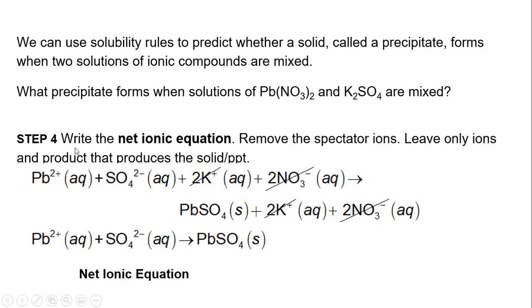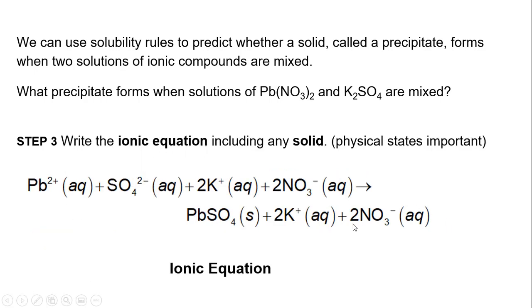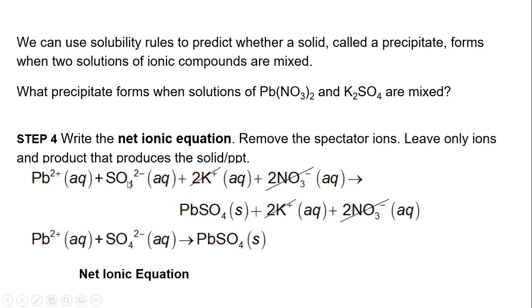So you write the net ionic equation. You may be asked to remove the spectator ions or circle them or put a line, and you would do that, showing the net ionic, the ionic equation. We would cross out if we wanted to know what the net ionic equation is. The net ionic equation is only the ions that produce the solid.